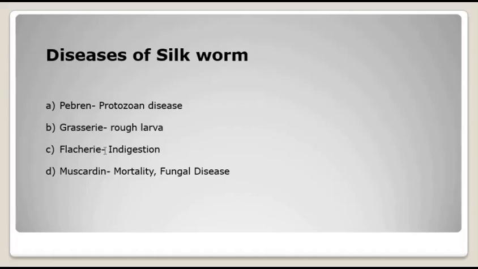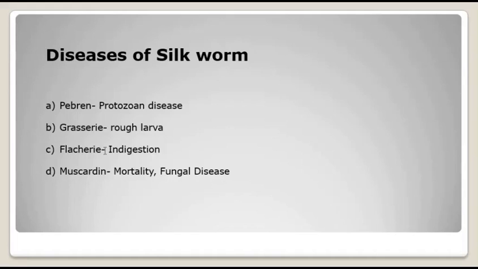Because of unhygienic conditions, muscardine, which is a death-related disease, occurs amongst the silk moths. So as to avoid this, hygiene is very important. Especially in the rainy season the appearance of muscardine is quite high, and the worms die after this disease.